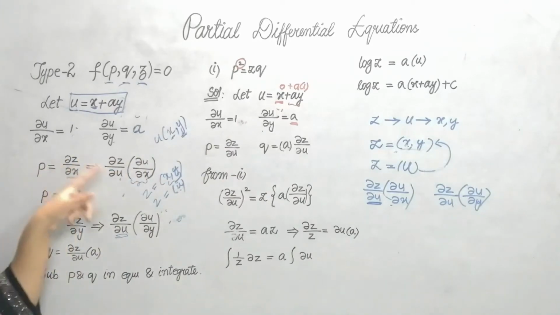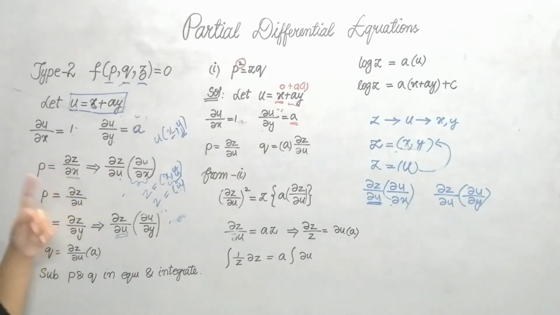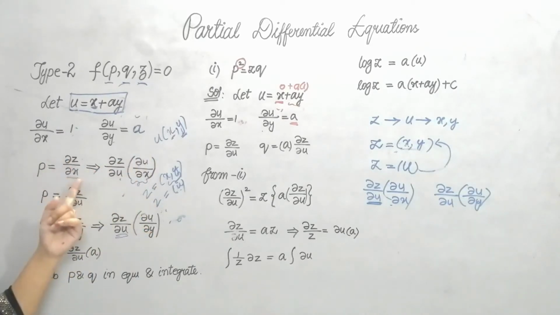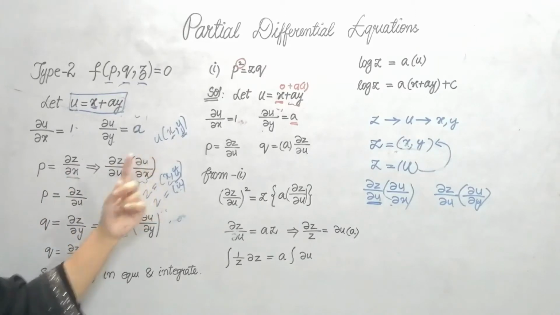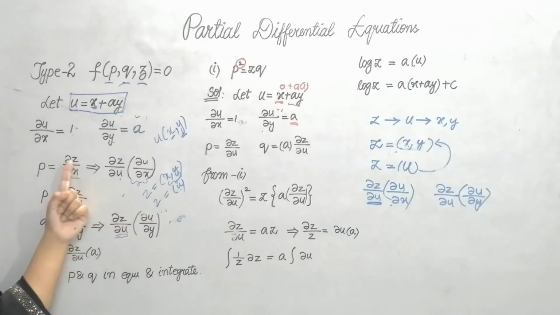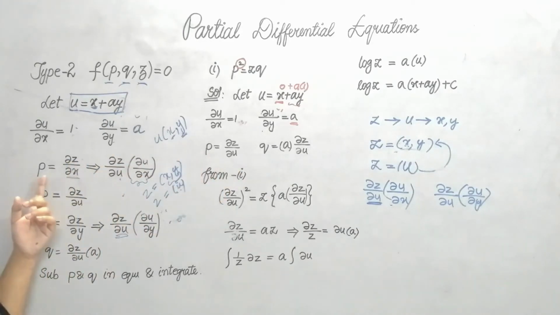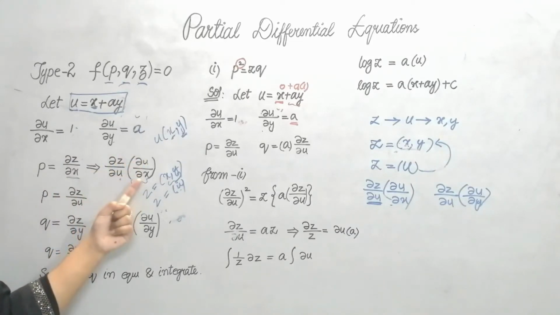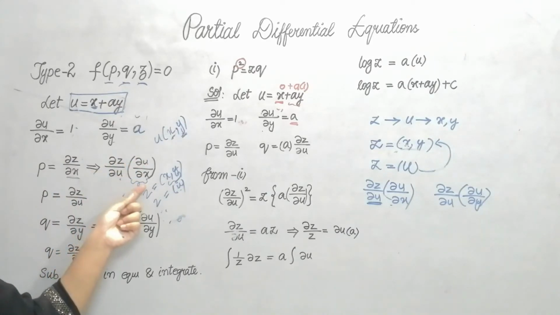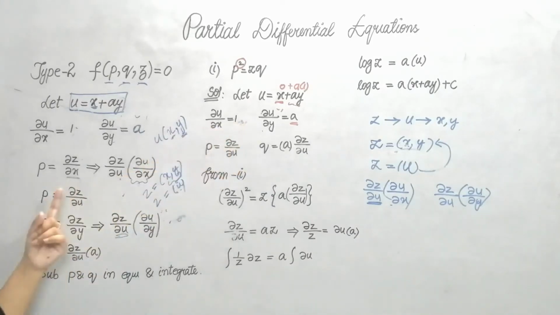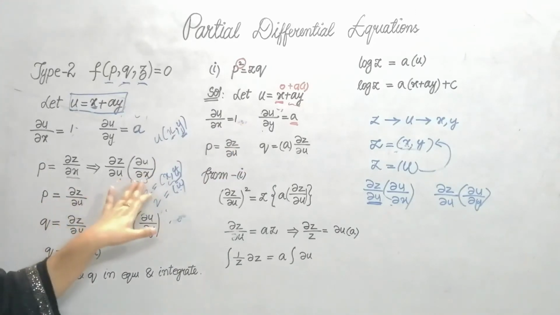P is ∂z/∂x. But ∂z/∂x is ∂z/∂u into ∂u/∂x. Because z is in terms of u, and then u is in terms of x. So p is equal to ∂z/∂x, which is equal to ∂z/∂u into ∂u/∂x, right? But I know the value of ∂u/∂x, that is 1. So p is equal to ∂z/∂u, that is 1. I mean here it is 1.